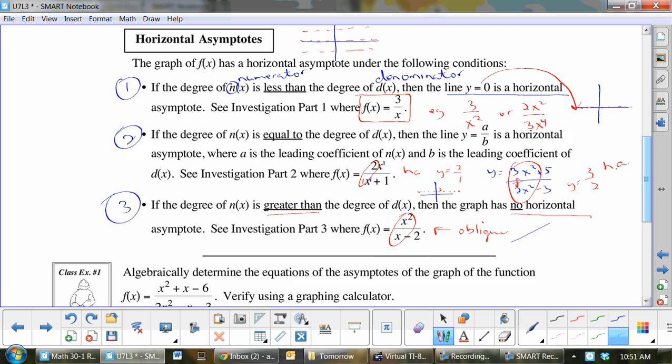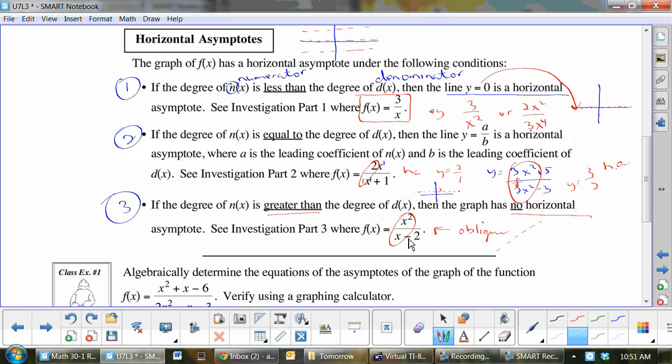Now, does anybody know how to find the equation of that slant? How do you find the equation of that? You take this, divide it by this, and you'll get the equation of that line. It's that simple.